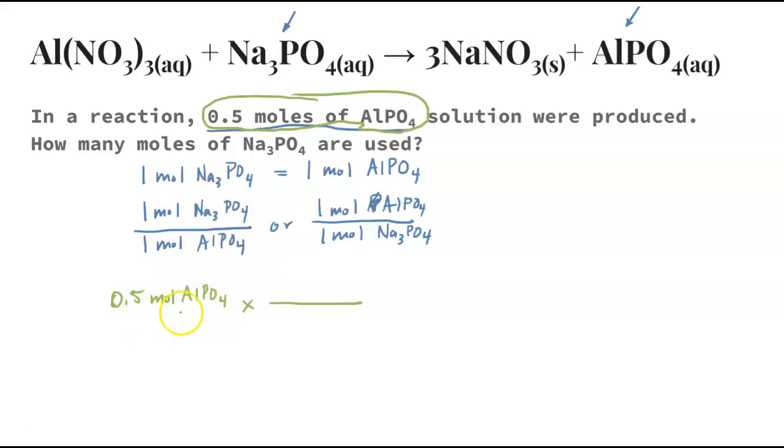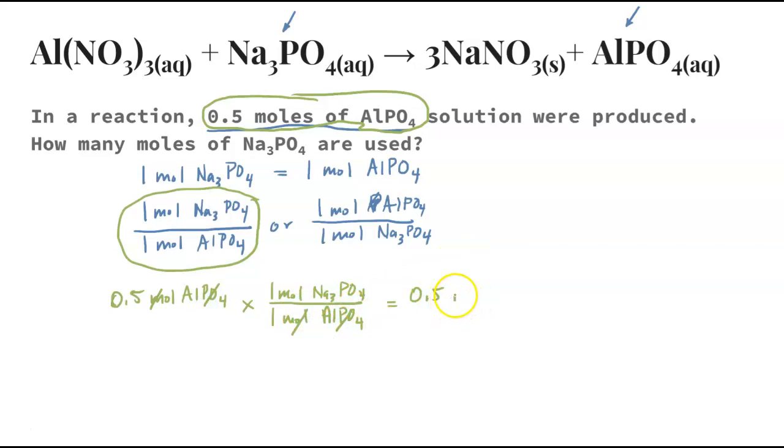That means I need to have moles of AlPO4 be at the bottom, and that's this conversion factor. So I write down 1 mole of Na3PO4 over 1 mole of AlPO4, and that works out to be, let me make sure I cancel those things out to make sure I've got it right, 0.5 moles of Na3PO4.